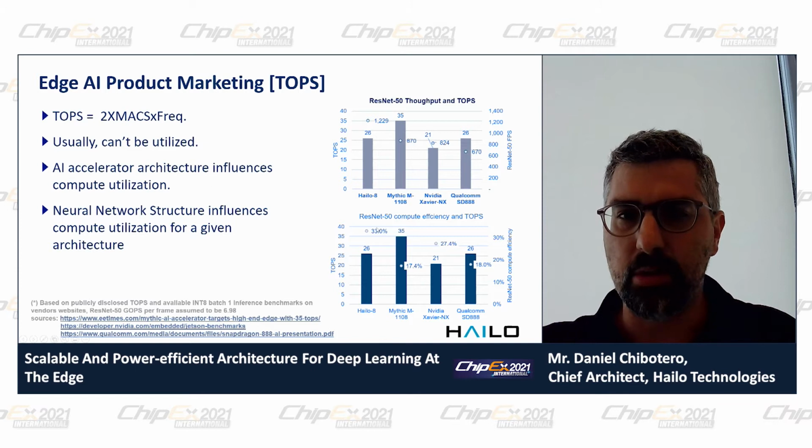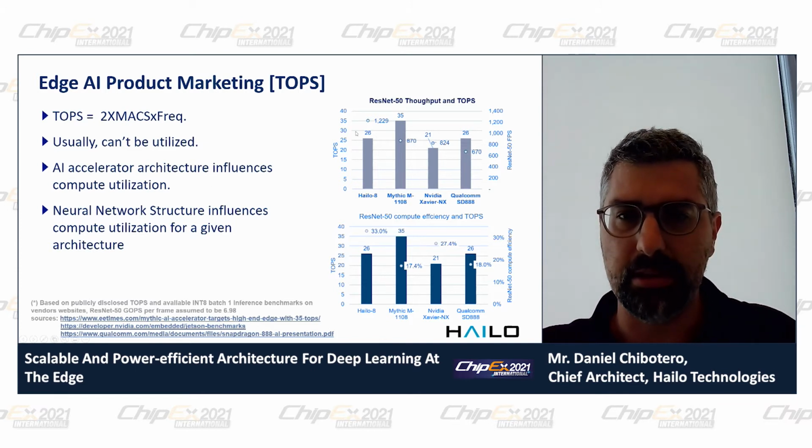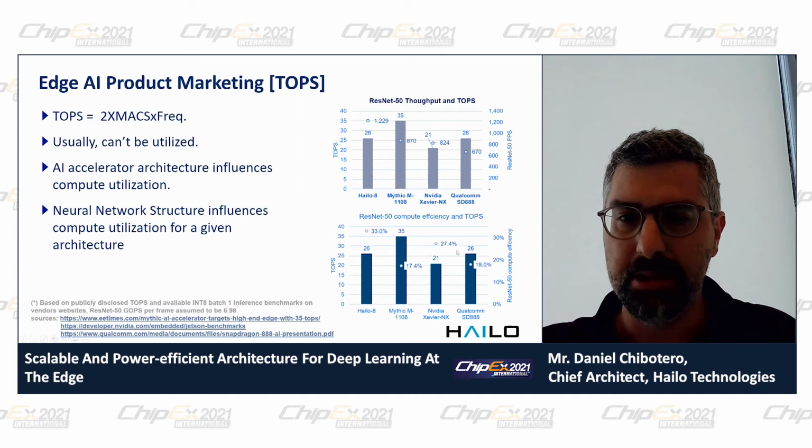And you can see that though Hailo doesn't have the most TOPS of the competition, it still reaches a higher FPS on the ResNet-50 benchmark. And if we go to the metric of how many multiply-accumulators are actually utilized in this benchmark, it is evident that the Hailo 8 MAC utilization is higher than competition.